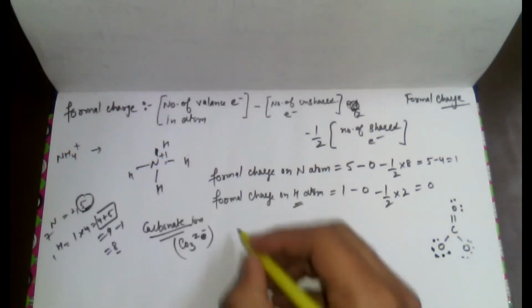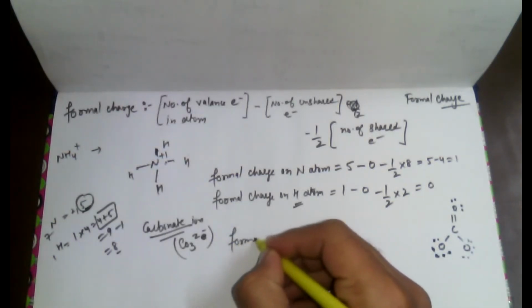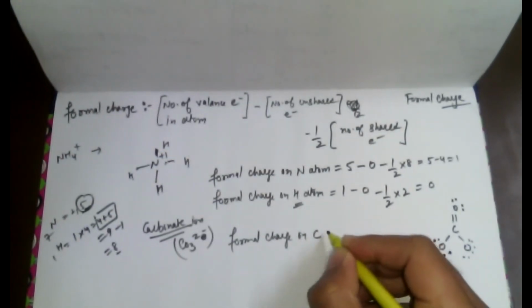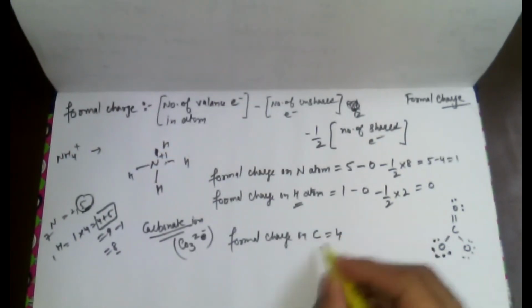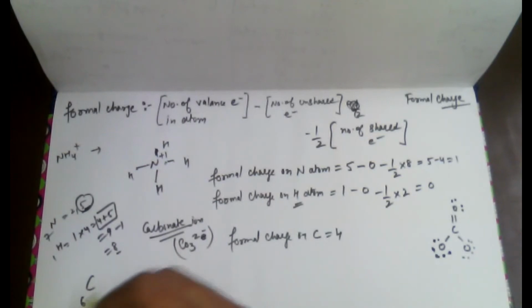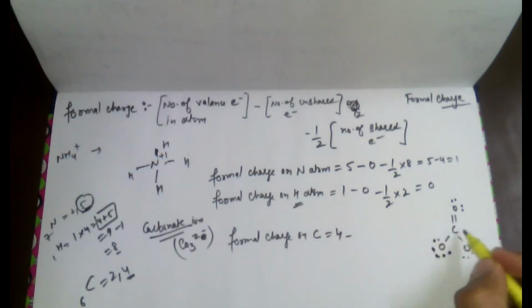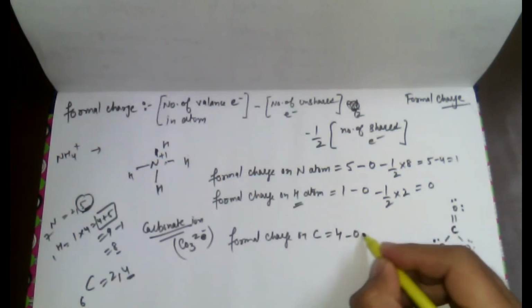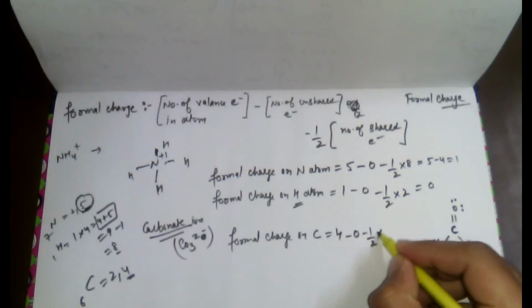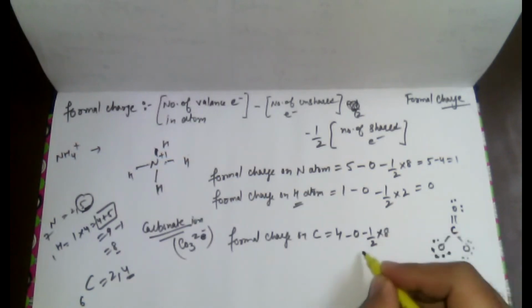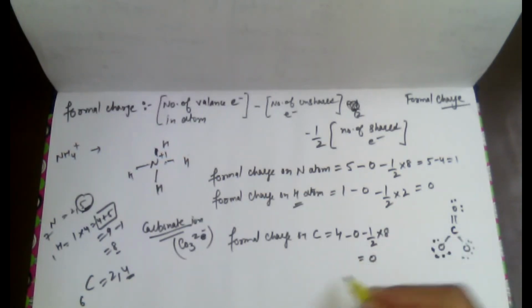Okay, formal charge on carbon is equal to 4, the valence electrons of carbon, minus the number of unshared electrons. The number of unshared is none, so we write 0, minus half of the number of shared electrons, which is 8: 1, 2, 3, 4, 5, 6, 7, 8. So the overall charge on carbon is 0.